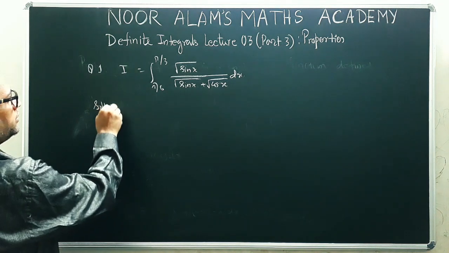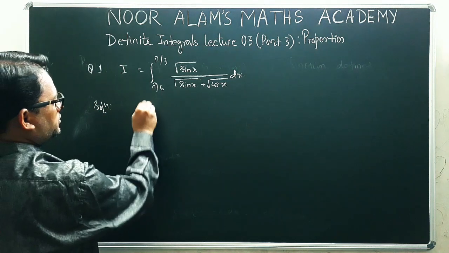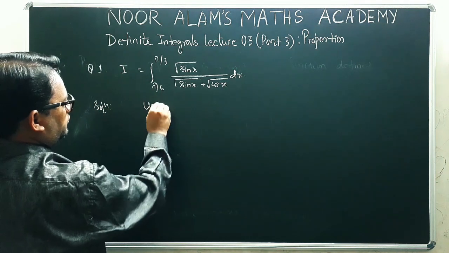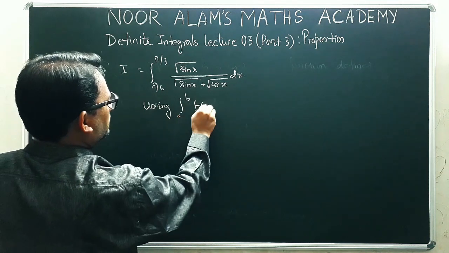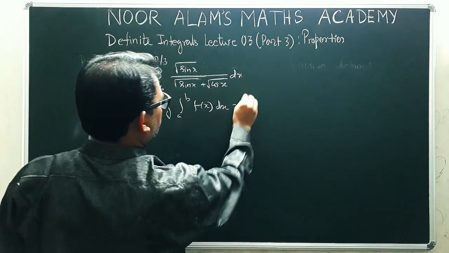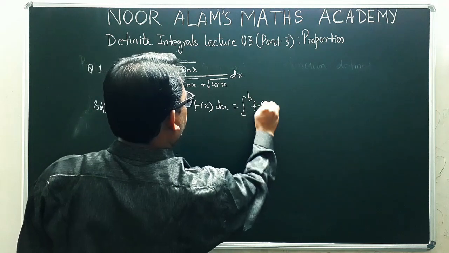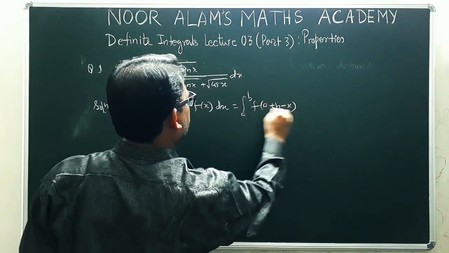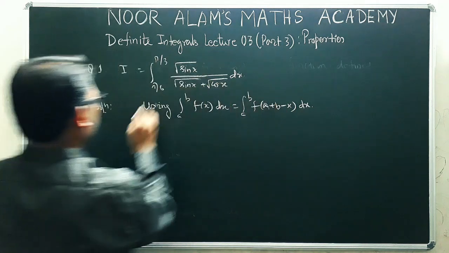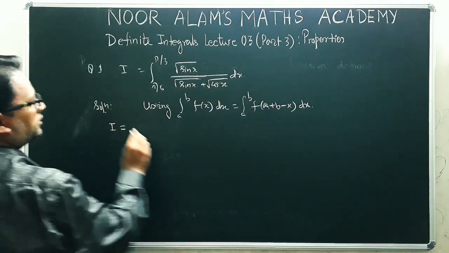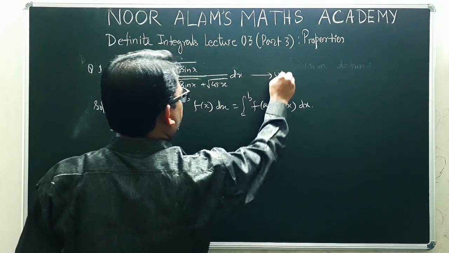So for the solution, we use the property that we have just learned, that the integration from a to b of f(x) dx is equal to the integration from a to b of f(a + b - x) dx. We call this equation 1.